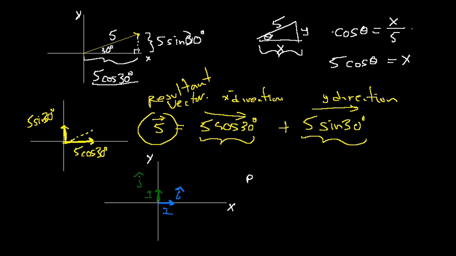The resultant vector, I'll show that with a little arrow because that's our result, of vector i hat plus vector j hat equals what? Well, this is a magnitude 1.